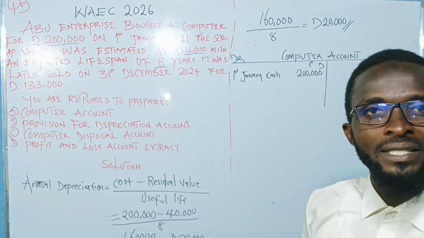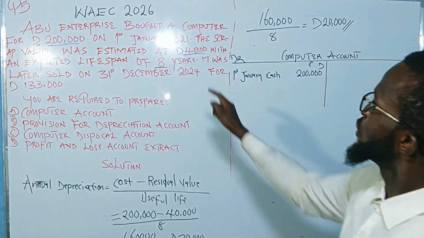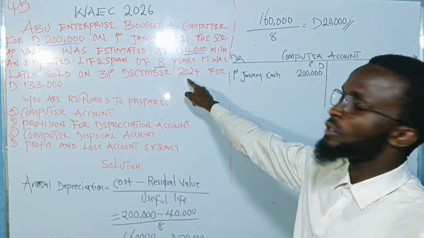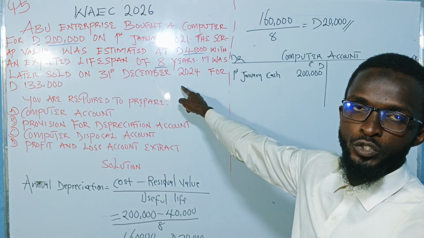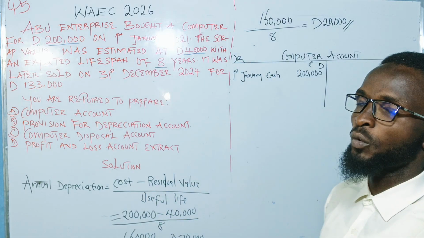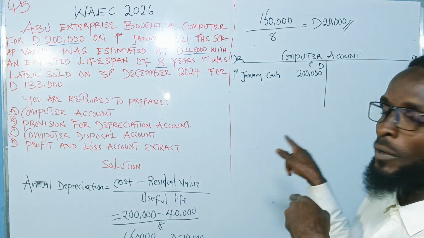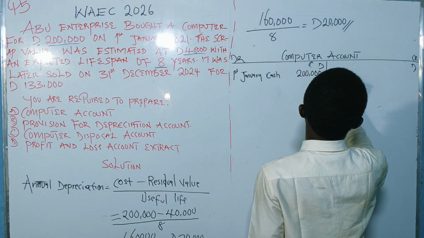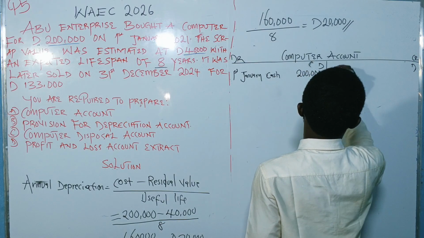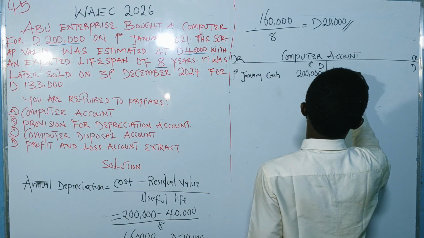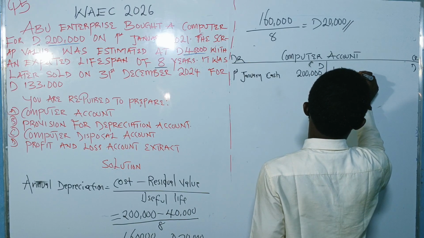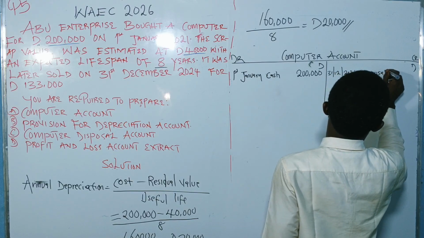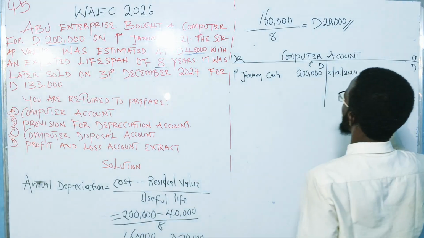And the same rule that said debit what comes in also says credit what goes out. You are told that the asset was sold at the end of 2024. So we are going to also credit the same computer account. Come on, say 31st December 2024. Write disposal. Disposal of what? Of an asset.